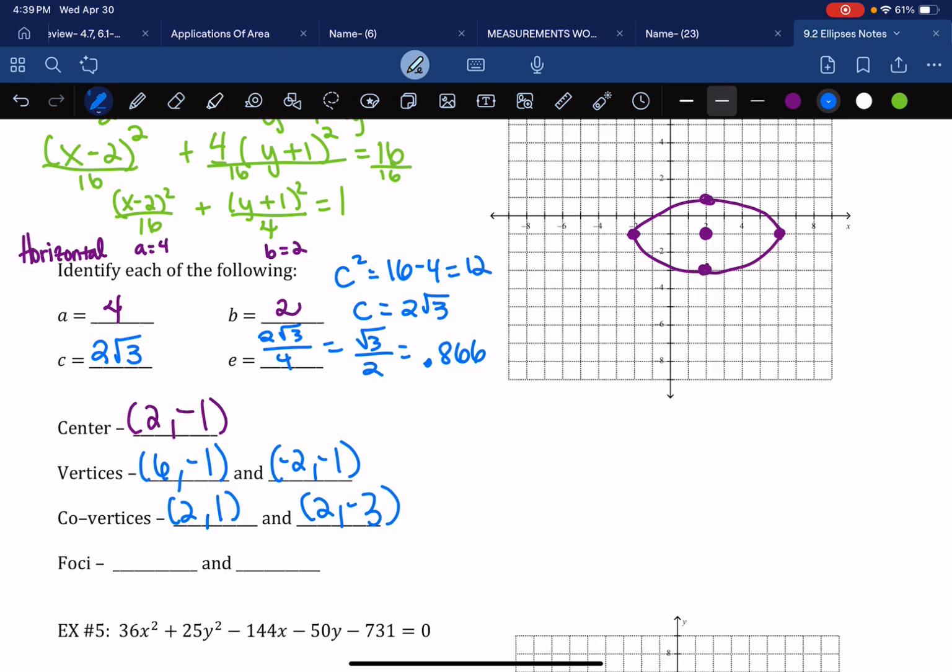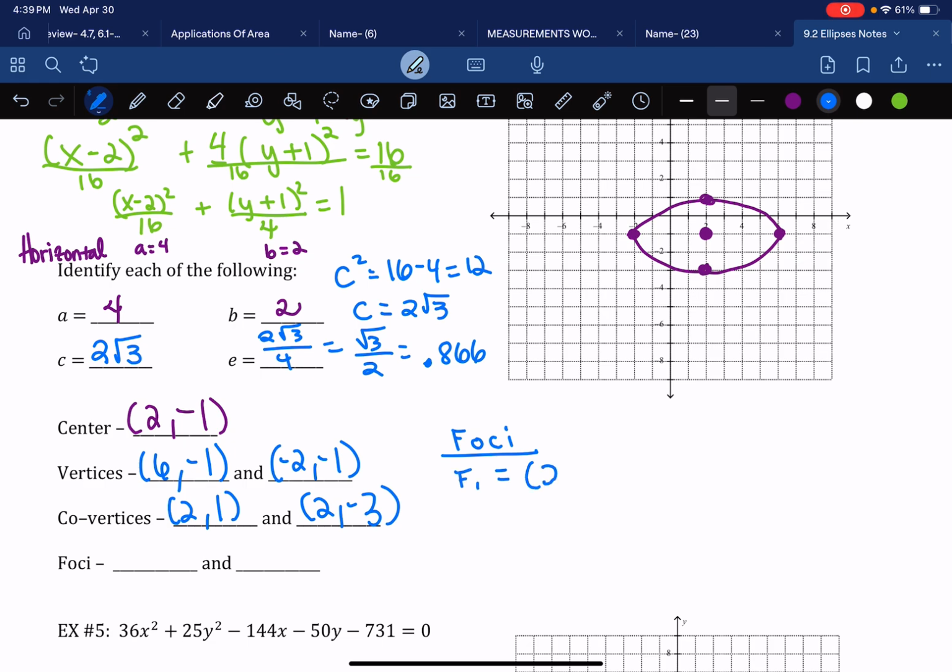So remember, that is where we take our C and add it to our X value, because it's horizontal. So our foci, I'm going to use C and add it to the X value. So focus 1.